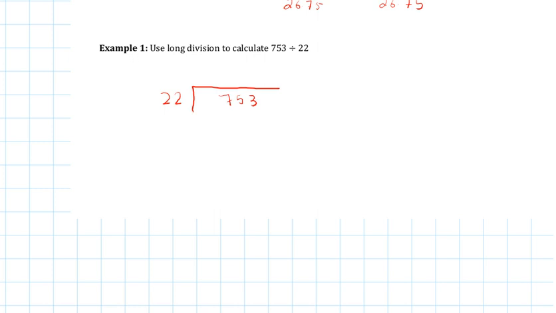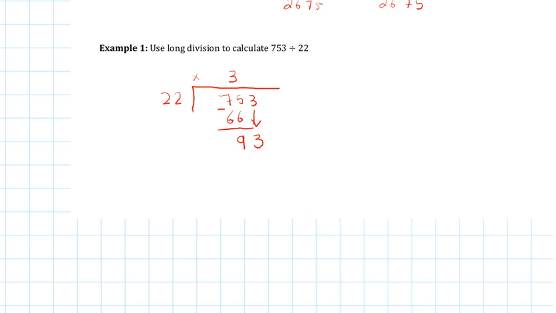I can't do that, so I have to take the 75. How many times does 22 go into 75? I'm going to use 3. 3 times 22 gives me 66, and that's the closest multiple. So 75 minus 66 gives me 9.